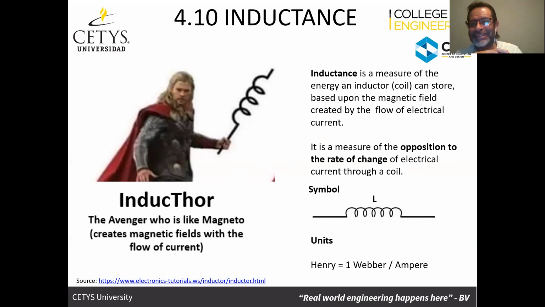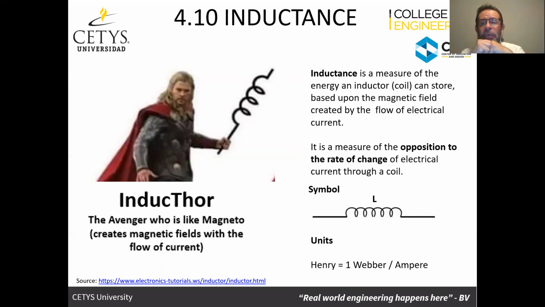Now, inductance is the way we measure an inductor. We talked about a capacitor being the component, and capacitance being the measure of how much energy a capacitor can store per unit charge. Then we talked about a resistor.